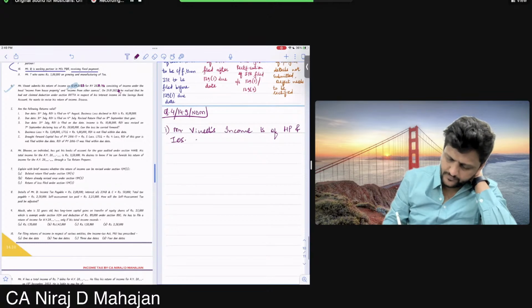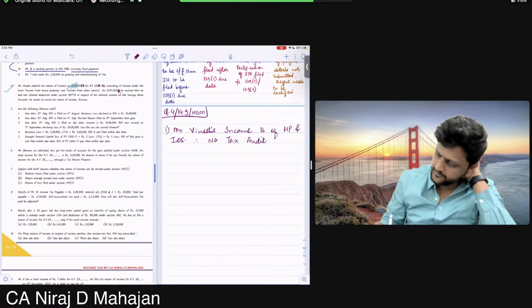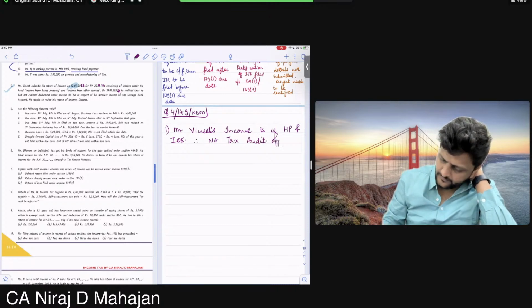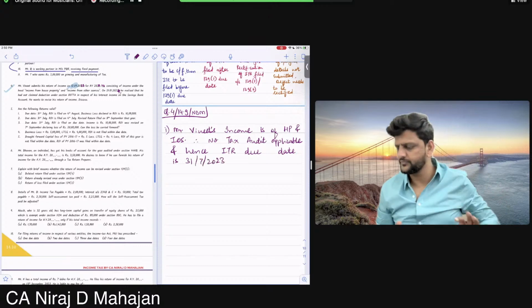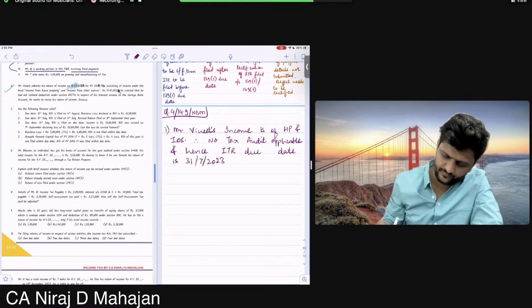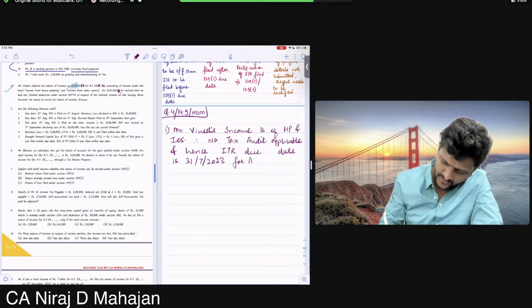Therefore, no tax audit applicable, and hence ITR due date is what, bachcho? 31st July 2023. Okay, for AY obviously 23-24 AY.